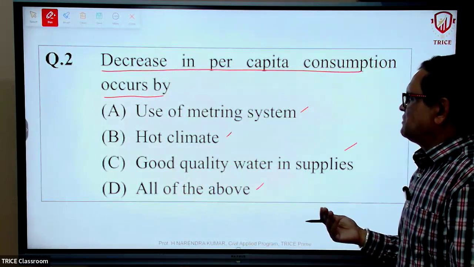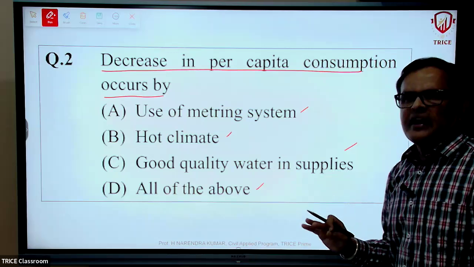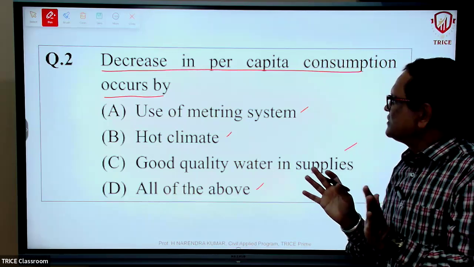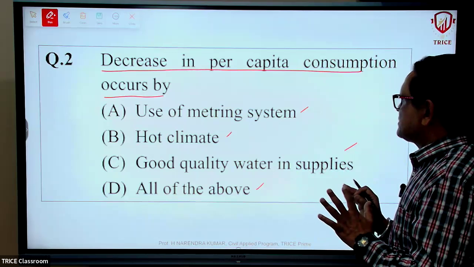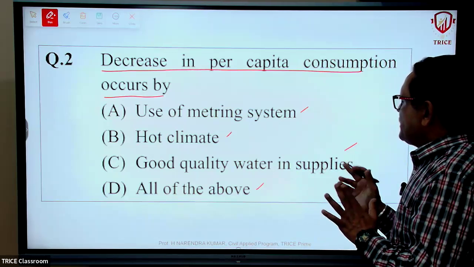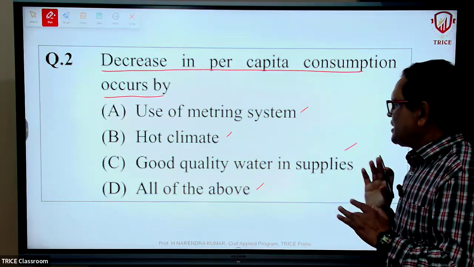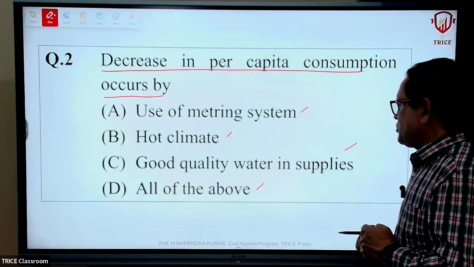Once again, I would like to involve you people in this theory question. Not as engineers, just think in a normal way. Per capita consumption will decrease when you make use of a metering system, or in a hot climate, or if good quality water is supplied, or all of the above.